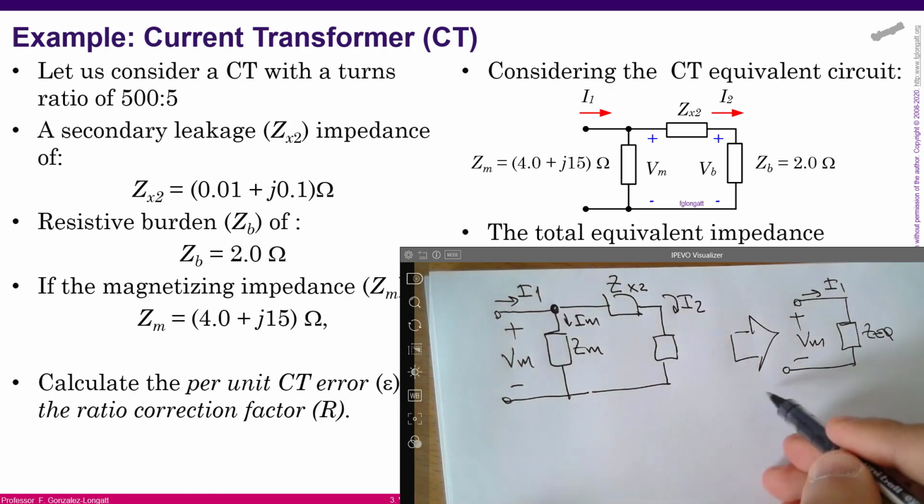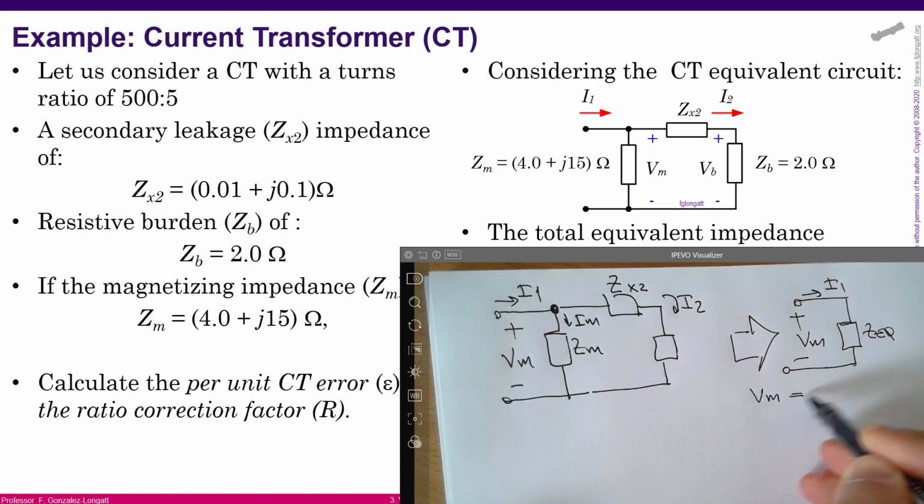Okay, Ohm's law says the magnetizing voltage is equal to the equivalent impedance multiplied by the current.